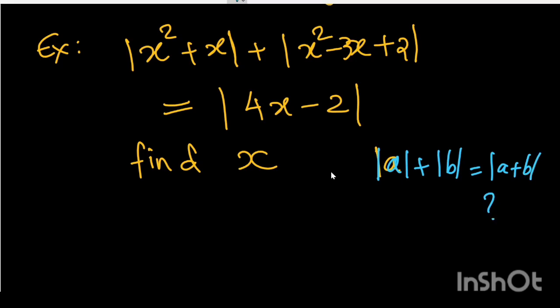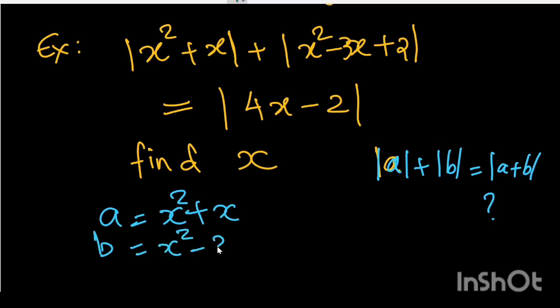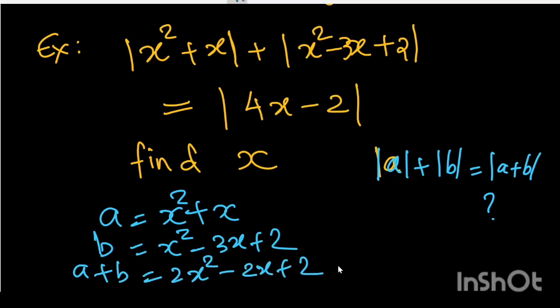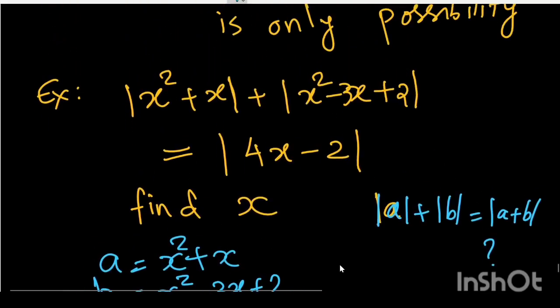So guys, if you consider a as x square plus x, b as x square minus 3x plus 2, and add these two, you won't get what is given in the right hand side. But if you look at it closely, the difference of a and b is what is given in the right hand side.